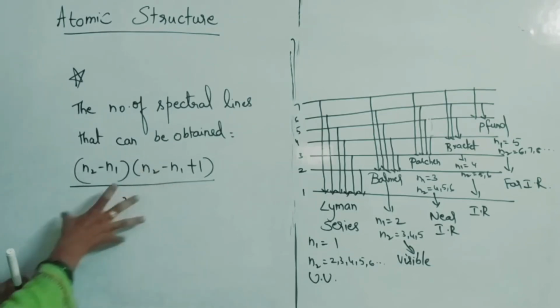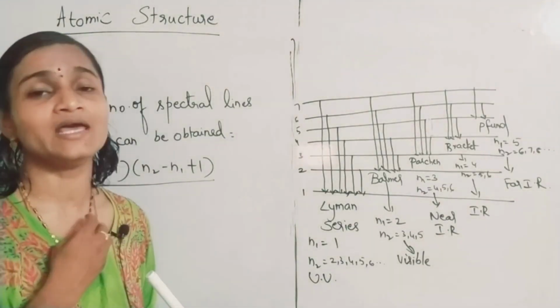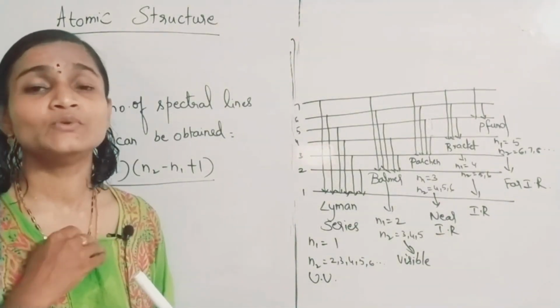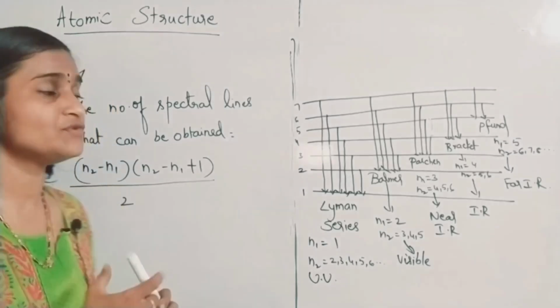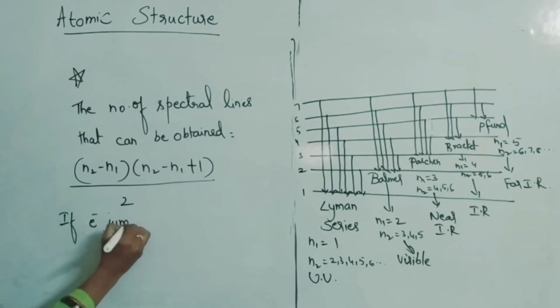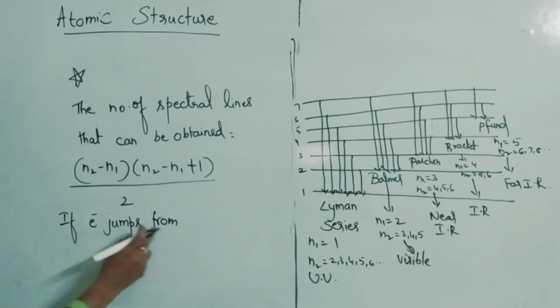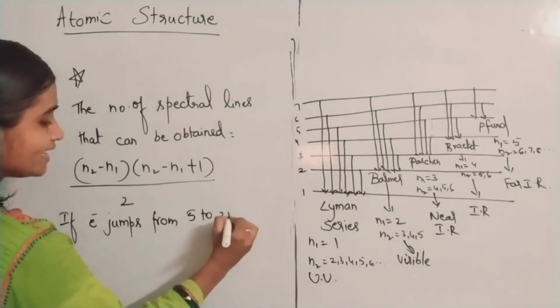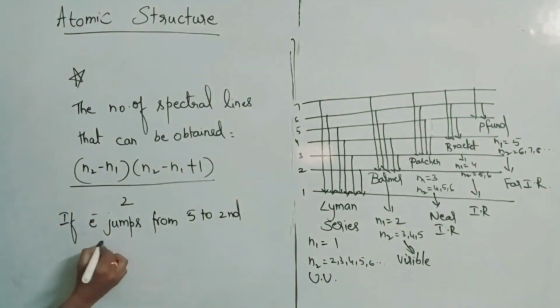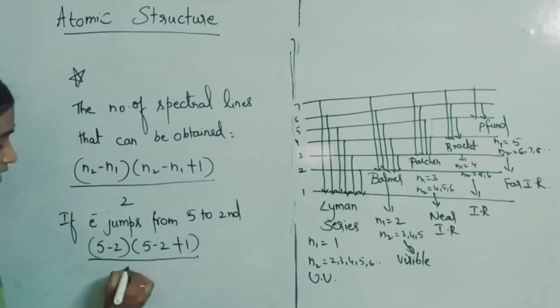If you apply this formula, you will get the exact number of spectral lines formed when an electron jumps from a given higher energy level to a lower energy level. Suppose an electron jumps from the 5th orbit to the 2nd orbit. How many spectral lines are formed? In place of N2 you take 5, in place of N1 you take 2: (5 minus 2) into (5 minus 2 plus 1) whole divided by 2.